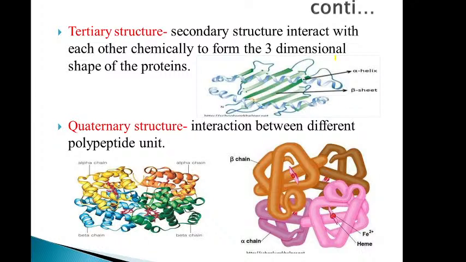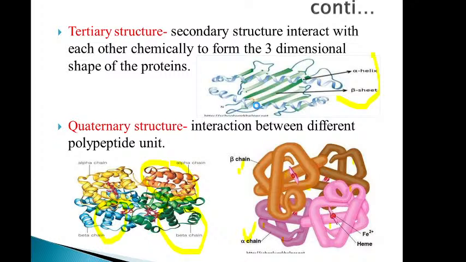So this is one polypeptide chain, and we have the interaction of different polypeptide chains, like alpha chain and beta chain. So this is the quaternary structure.